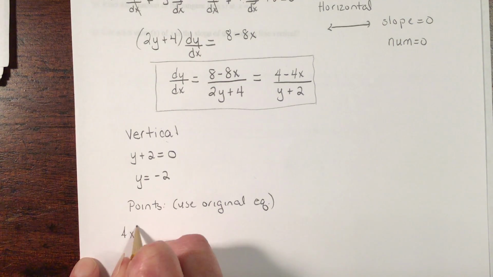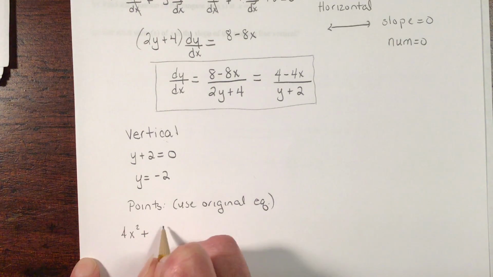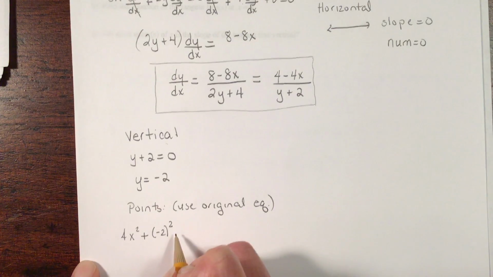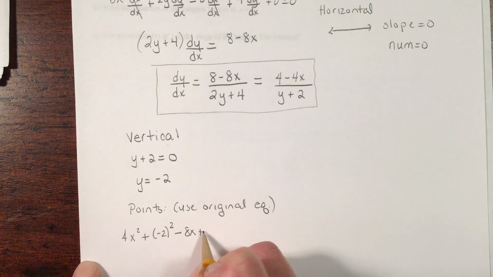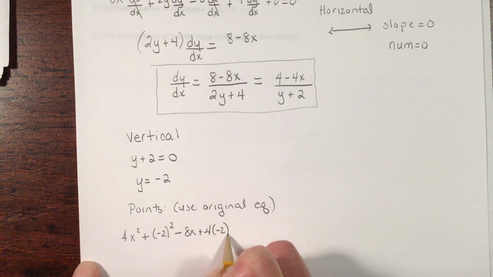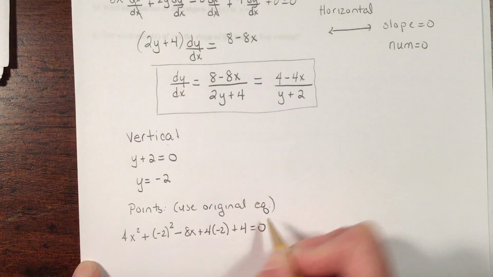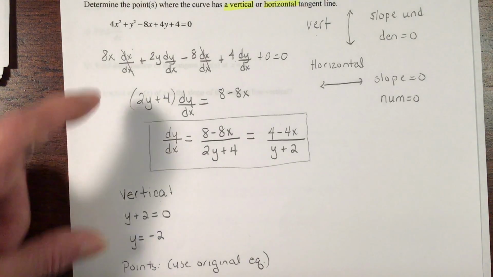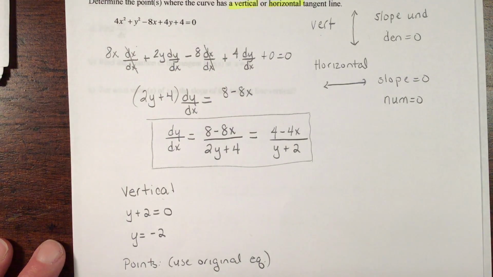So 4x squared plus my y is negative 2 squared, minus 8x, that's what I'm looking for, plus 4 times negative 2 plus 4 equals 0. All I did was take this equation and every place I saw a y, I replaced it with negative 2.